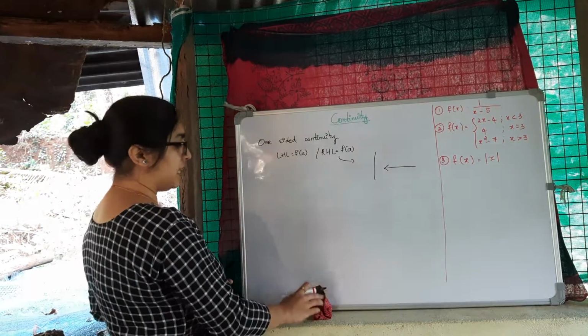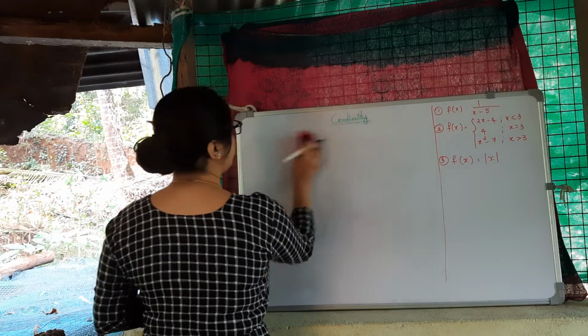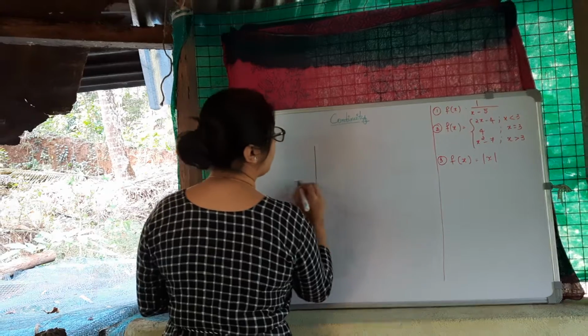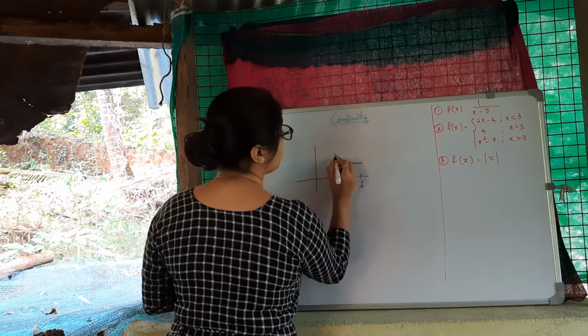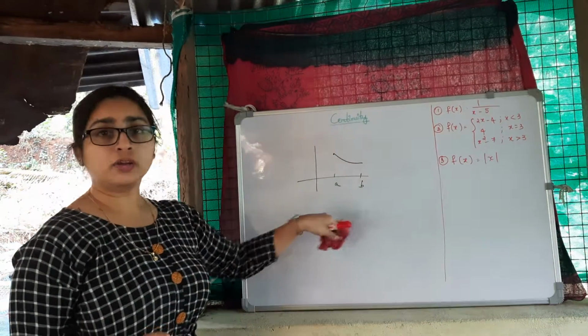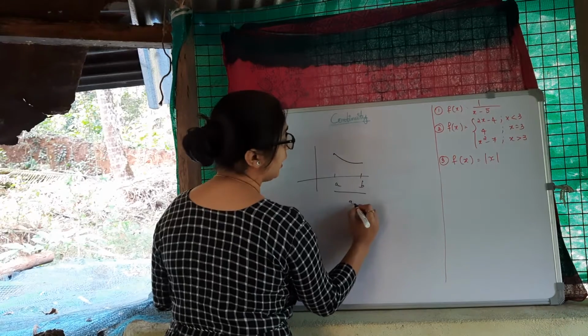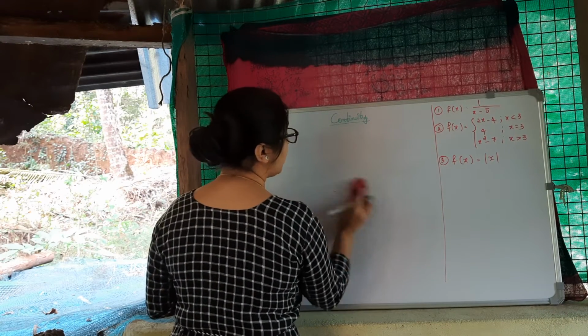So that will be one-sided continuity. A function can also be defined on an interval, like if you have a and then b, we can say this function is continuous in the interval a comma b.